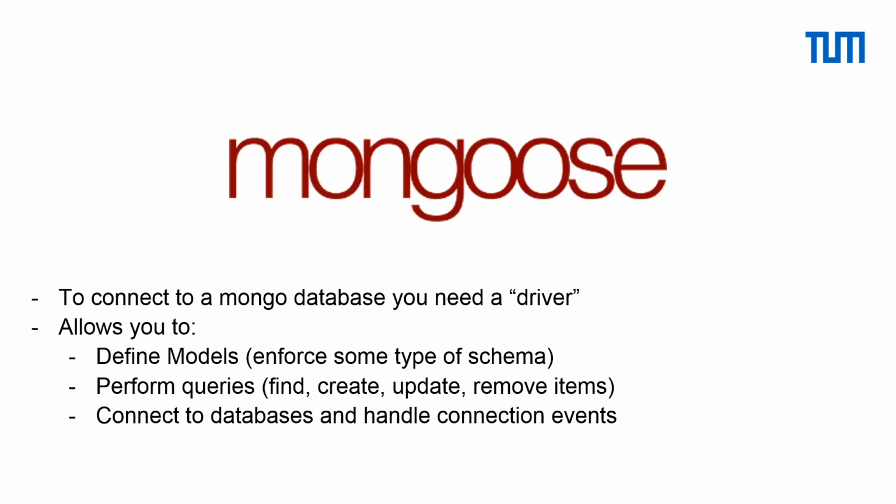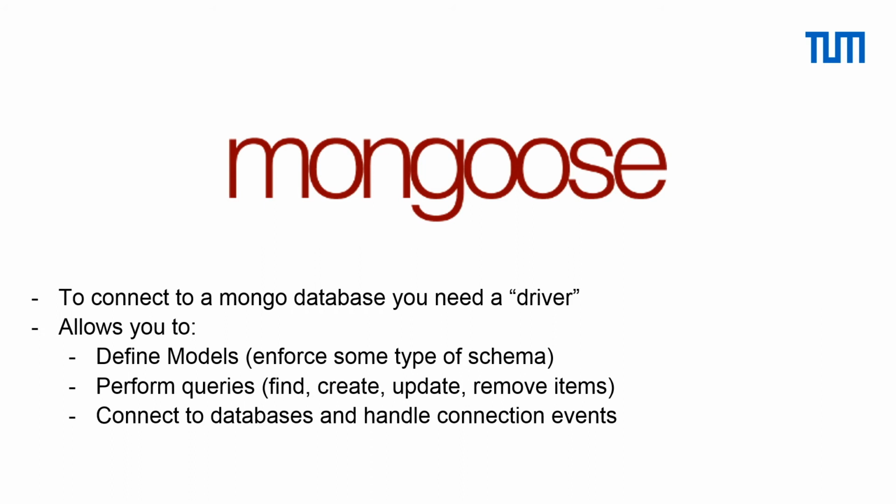To actually use MongoDB in a Node application, you need something called a driver. The most common driver with Node.js is called Mongoose. Mongoose allows you firstly to connect to the database and handle connection events. The second important thing is that it allows you to define models.